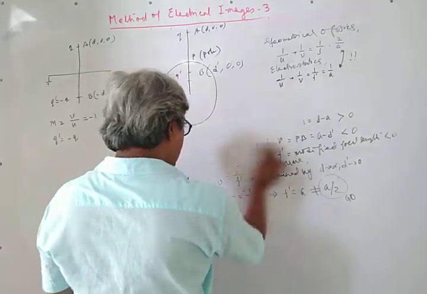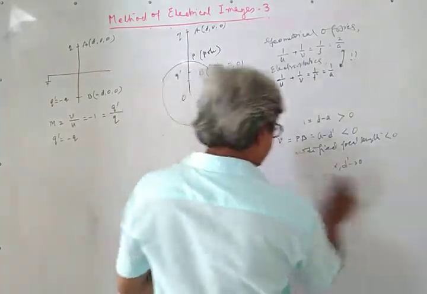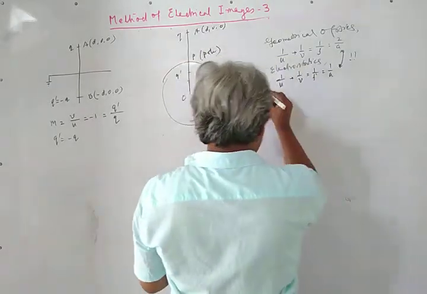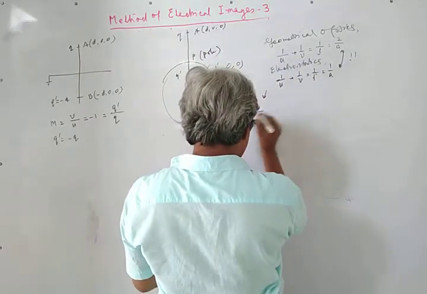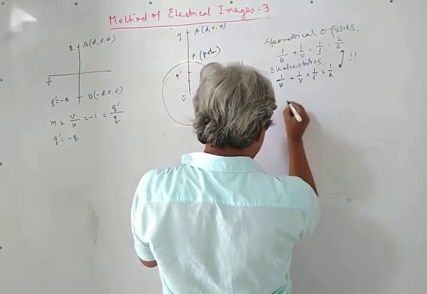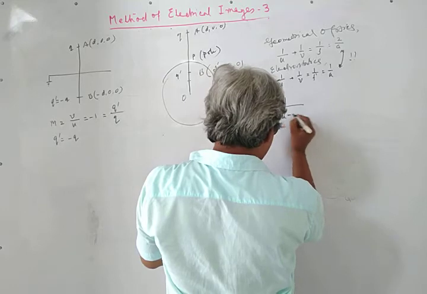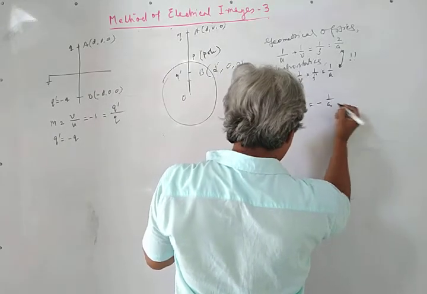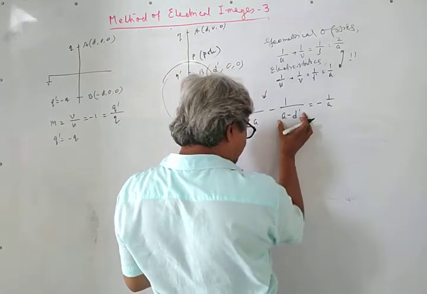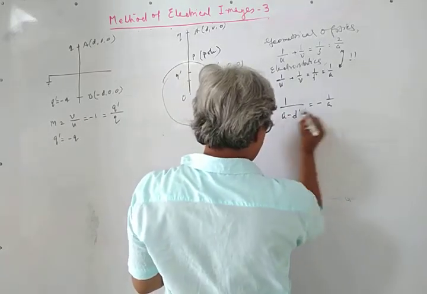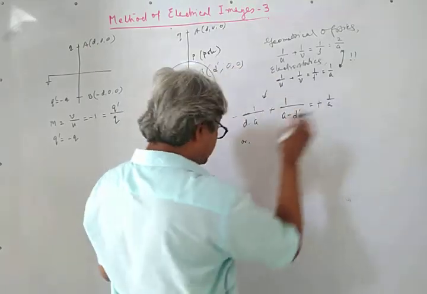Now, let me apply this condition. We come to this case: 1 by D minus A, this is the image distance, minus 1 by A minus D prime is equal to minus 1 by A. We need to know D prime, so we change all the signs.